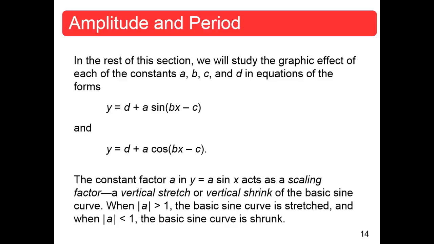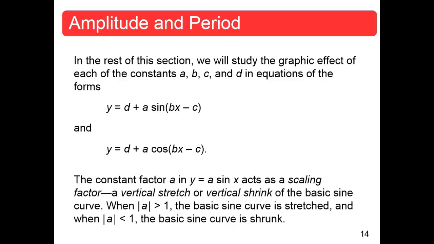When will it become a vertical shrink? When A is greater than 1, it's a vertical stretch, and when A is between 0 and 1, it's a vertical shrink, okay? Now, what happens if A is negative? Remember what that did back in 112? That's when you reflect it across the x-axis.